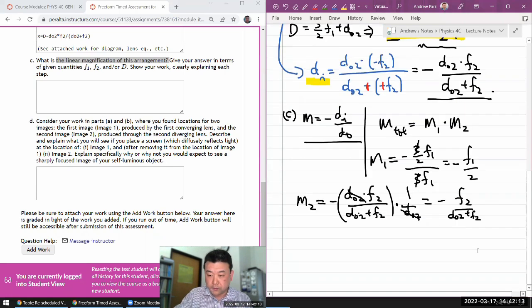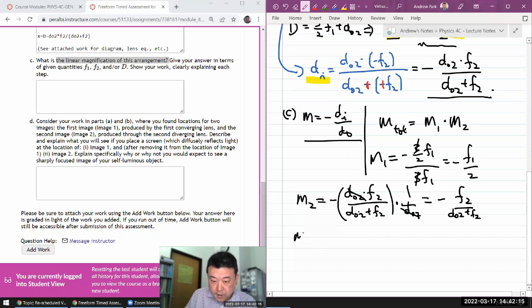So the overall magnification should be the product of this, M1 times M2, minus signs. Wait, there's the minus sign, so this minus sign should have canceled that. So it's overall negative magnification. I'll just be safe and include it.